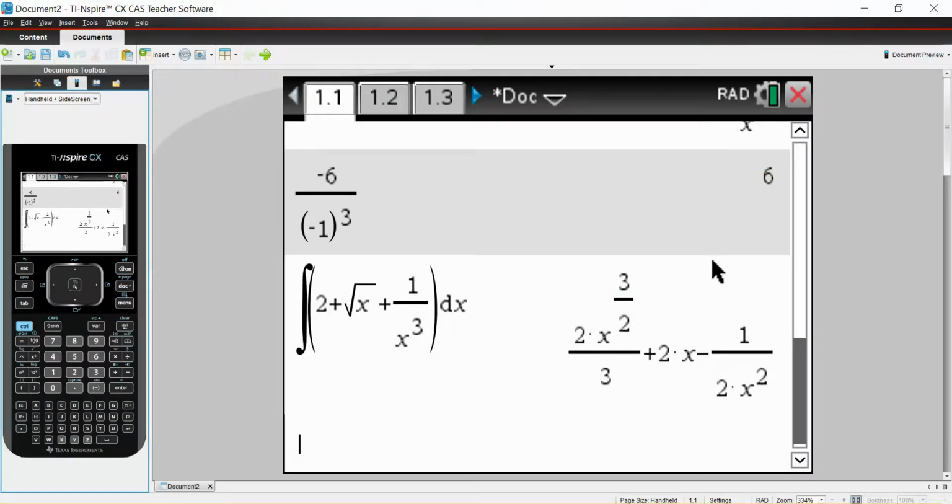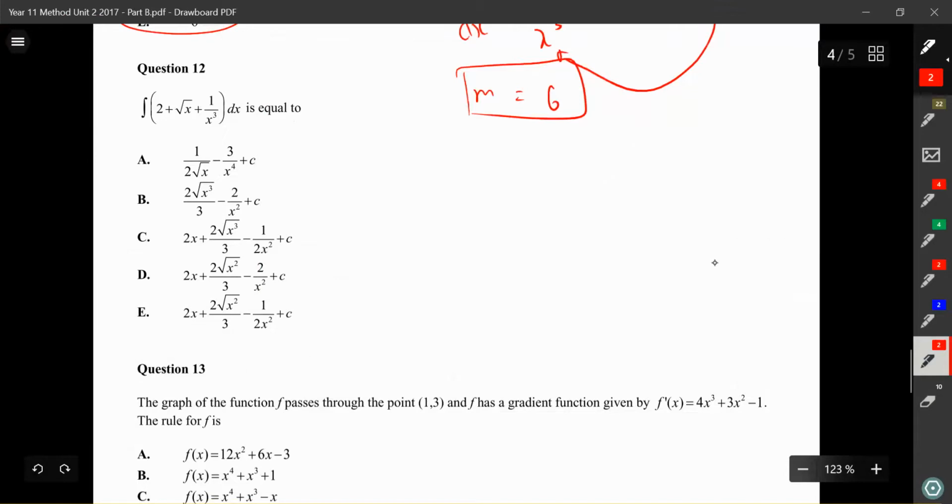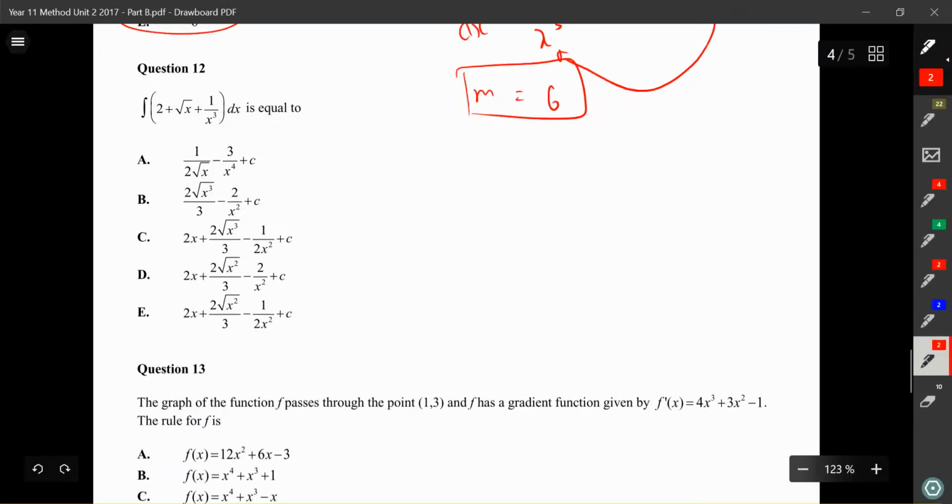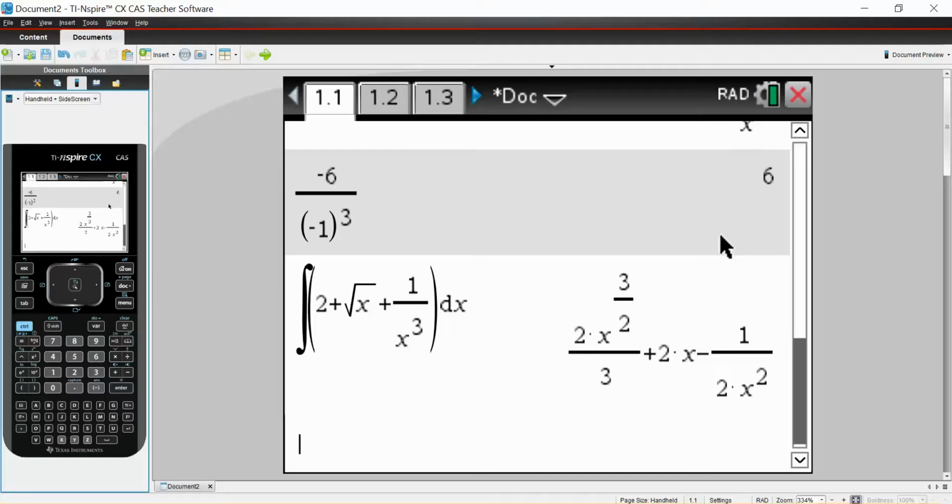And I'm just wondering if they have that anywhere. Root x cubed, or square root of x cubed. No, the answer is C, because you've got the 2x, you've got the minus 1 on 2x squared.